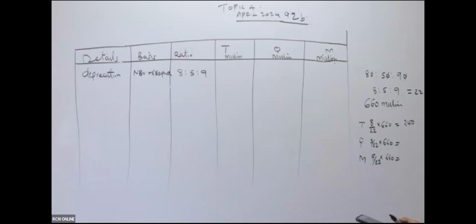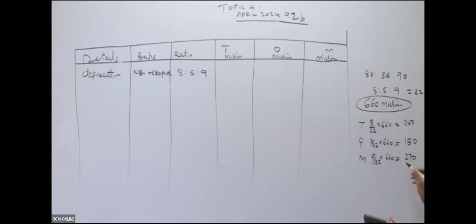That is 5 divided by 22 by 660. We are taking 150. How much are we taking to M department? 270.